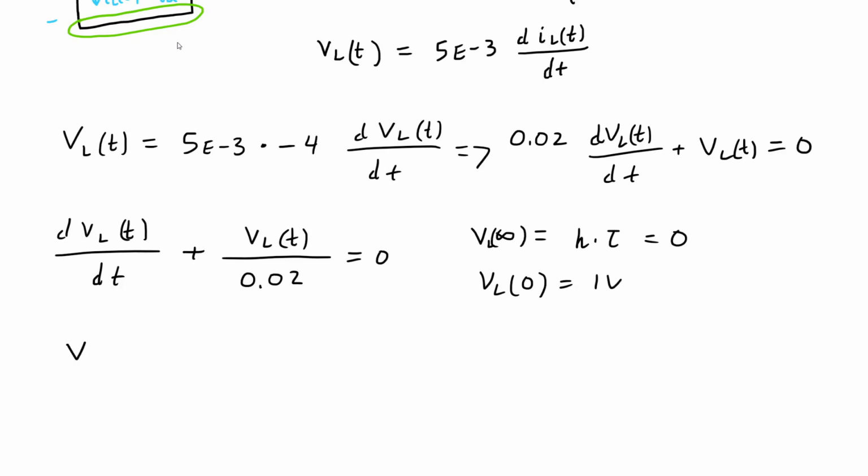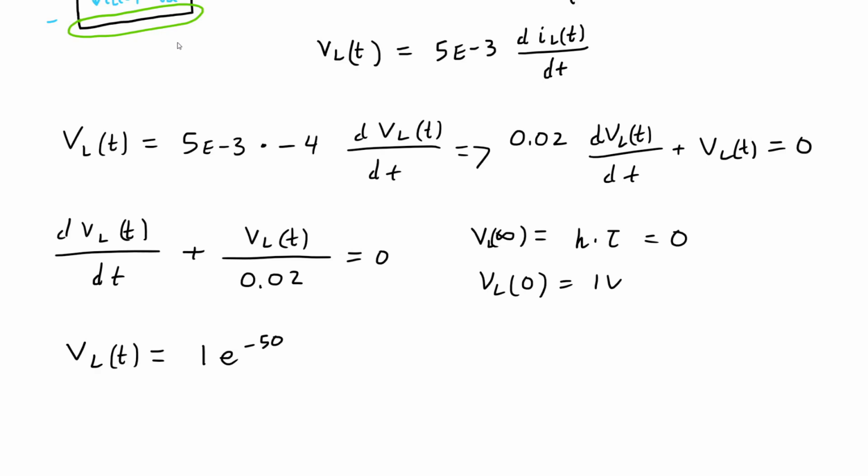So our expression for the voltage across the inductor is going to be VL infinity, which is 0, plus VL0 minus VL infinity, which is 0, times e to the minus t over tau.